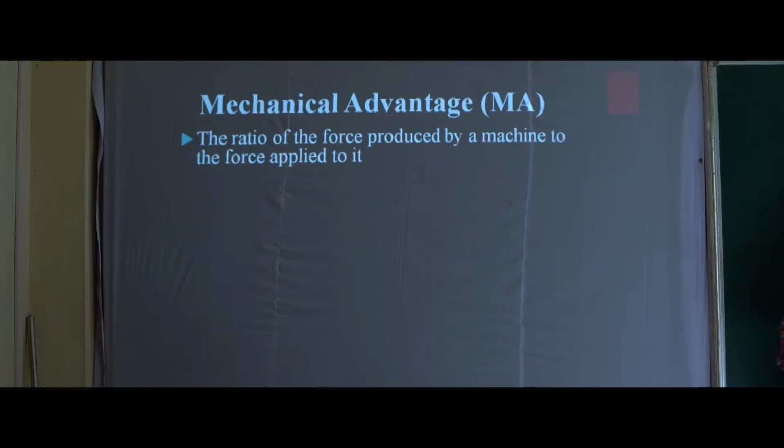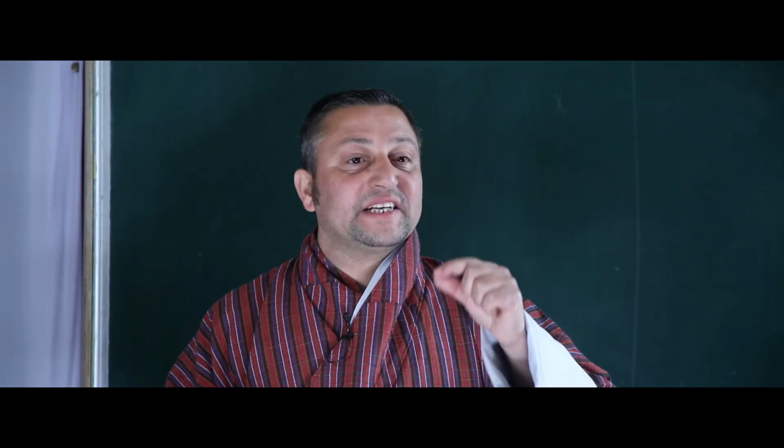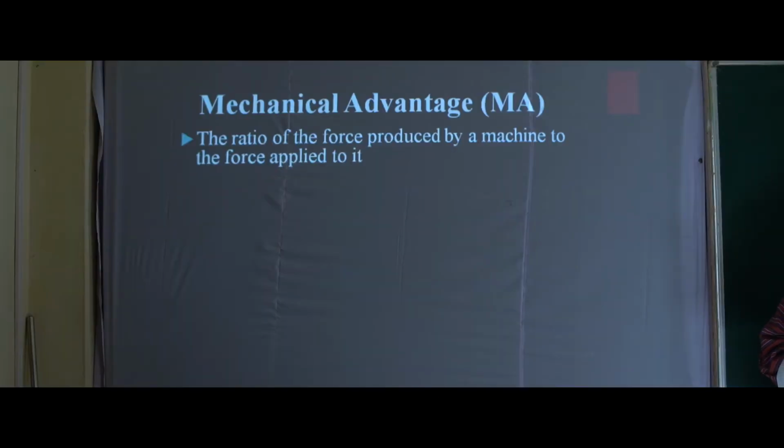Mechanical advantage is the ratio of the force produced by a machine to the force applied to it. When we use the machine, we apply the force to the machine, and the machine in turn applies the force somewhere else and does the work. So, the ratio between the force produced by a machine and the force applied to it is called mechanical advantage.